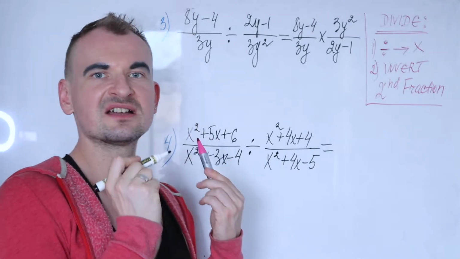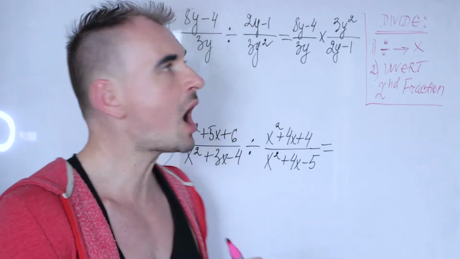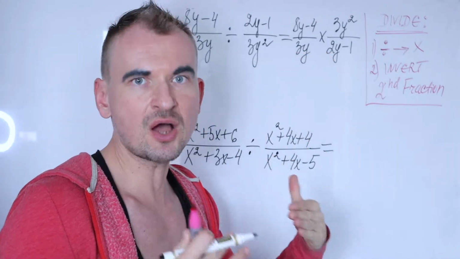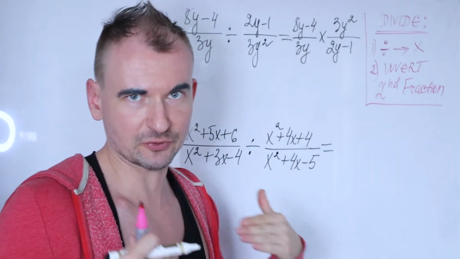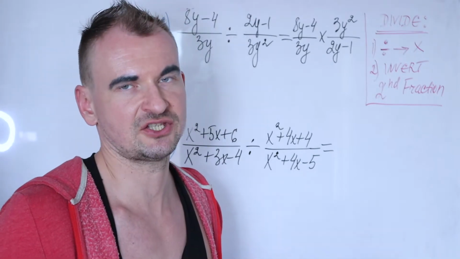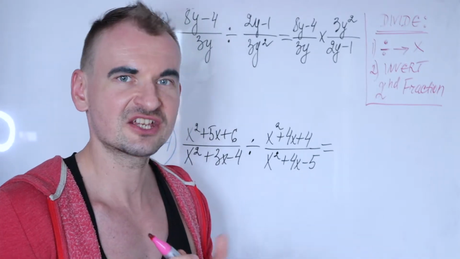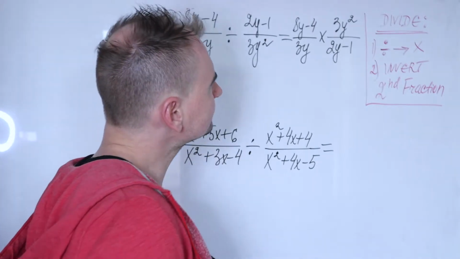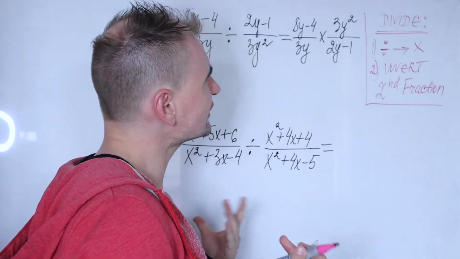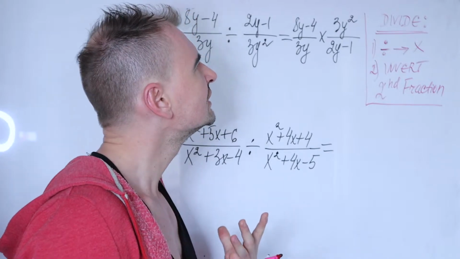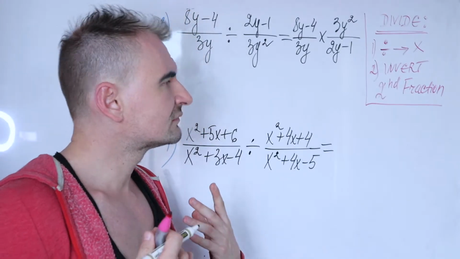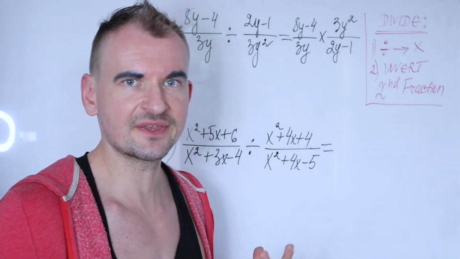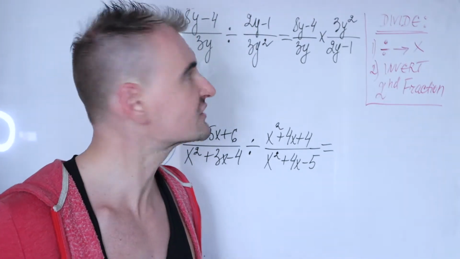Now we rewrote our division problem into multiplication, and now all we need to do is proceed with multiplication the same way as we did in the previous two examples. So for multiplication again, check to see that your top and bottom have something in common that can be cancelled off.